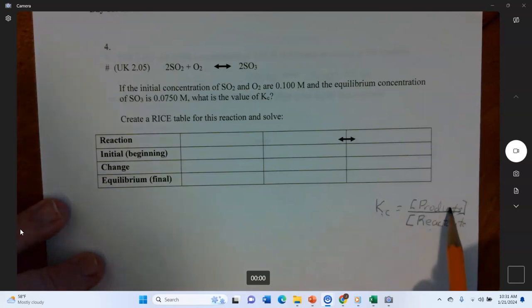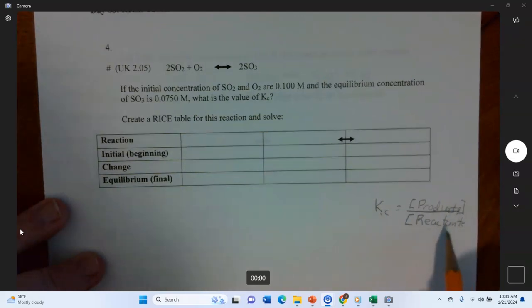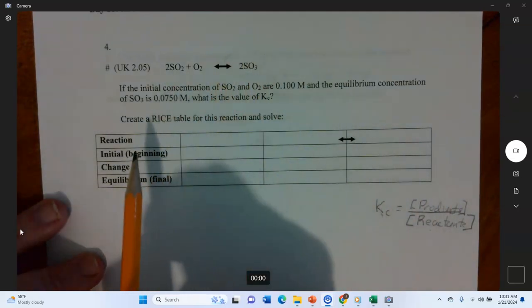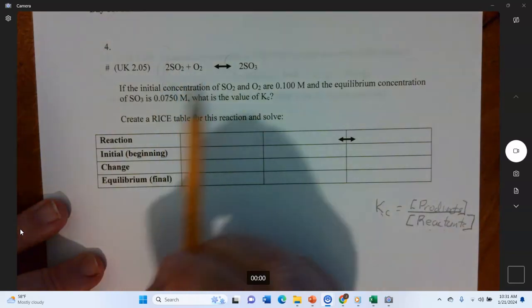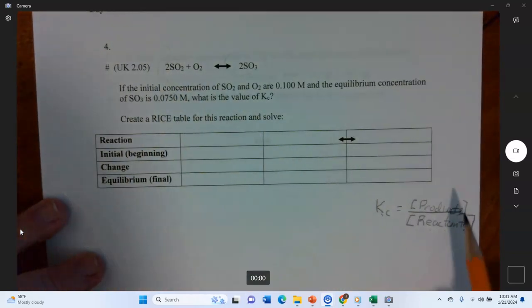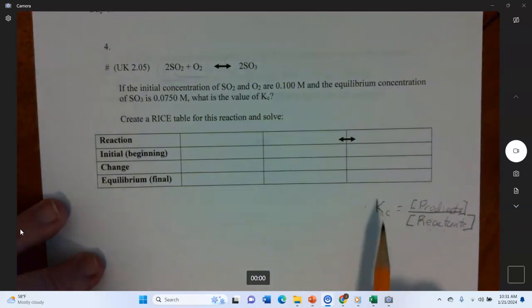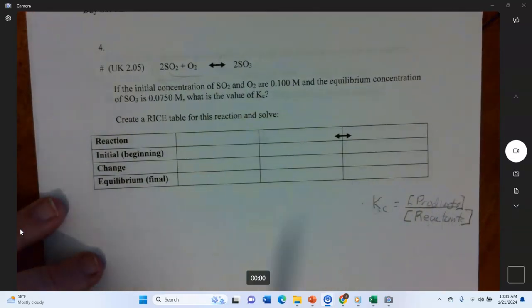If the concentration of products is very large compared to reactants, then this is going to be a big number. If the concentration of products is very small compared to reactants, in other words, what we're talking about is what concentration you have on the product side versus the reactant side right here, then this number is going to be small. So this number relates the two of them.